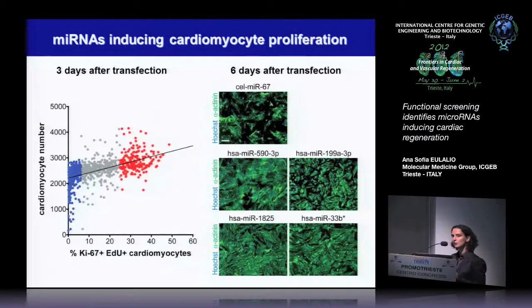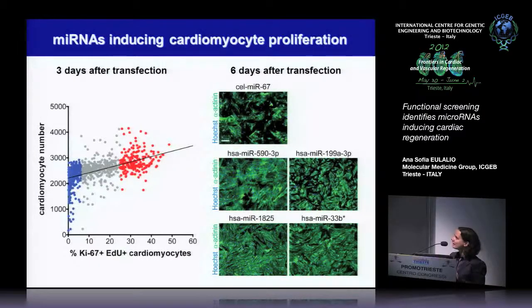Even more clear than looking at the proliferation markers is counting the number of cells in the well. If indeed you are inducing proliferation, then you should see an increase in the number of cells. We look at this here for the results of the screen, and you can immediately see that for the microRNAs which increase the positivity for the proliferation markers, we also have an increase in the number of cells in the well. This is done 3 days after transfection. If you look at 6 days after transfection of the microRNA, this becomes even more clear.